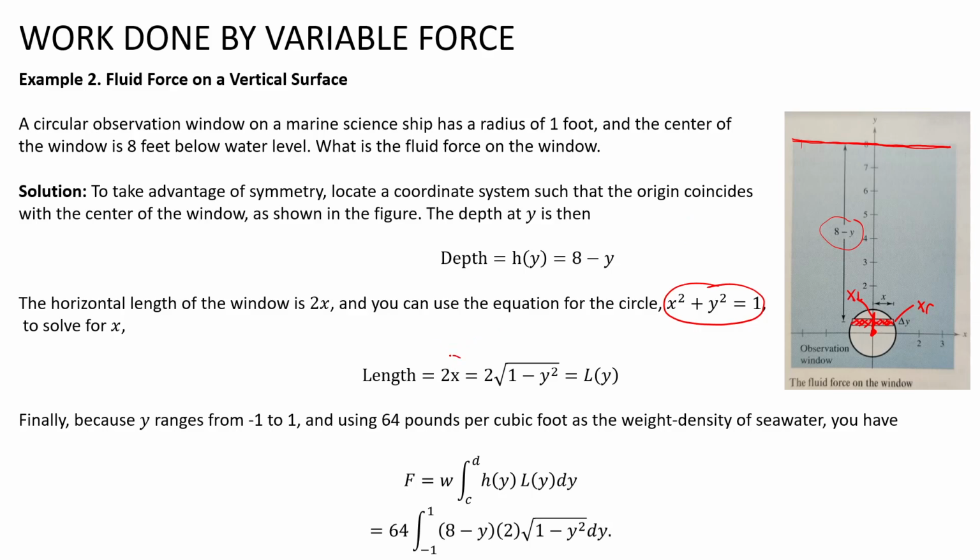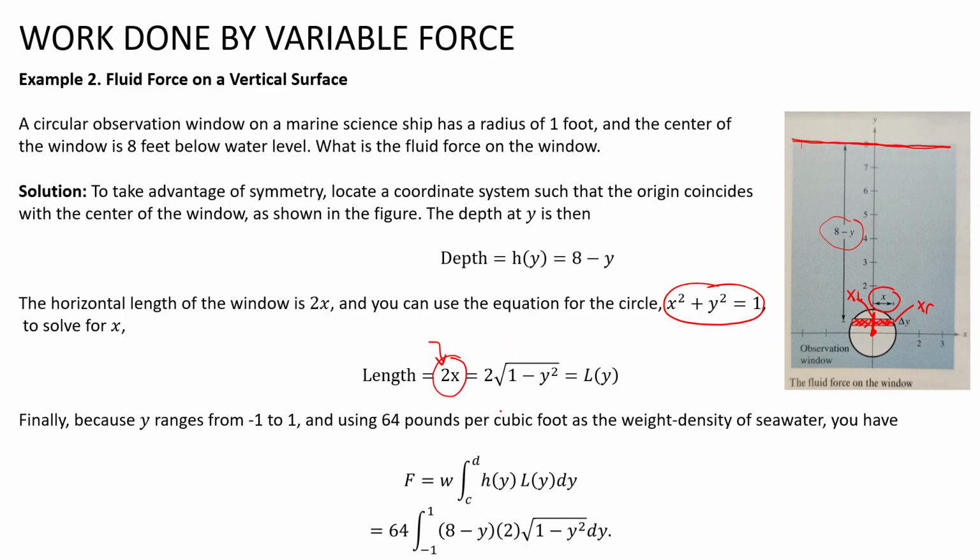So again, it's 2 times x because you are just analyzing half of the strip. So to make the strip whole, you multiply it by 2 to create the longer version because, as you can see here, x is just half of the strip. So to make it complete, we're going to multiply it by 2.